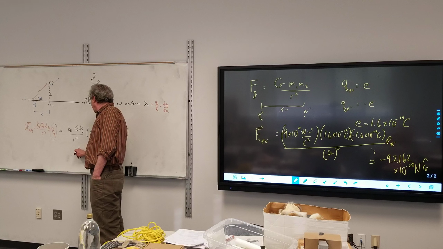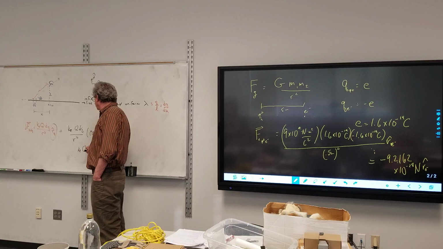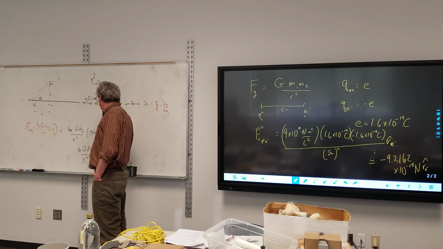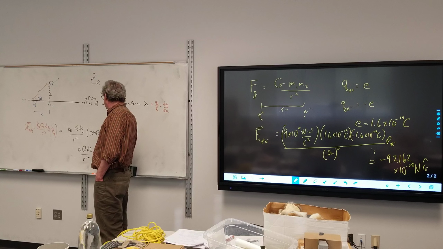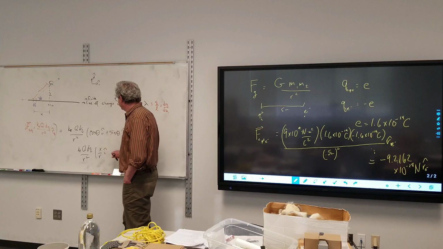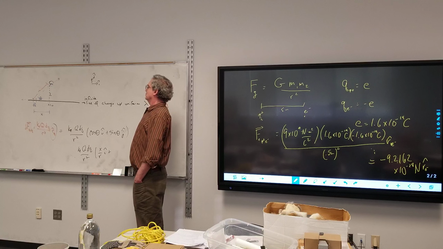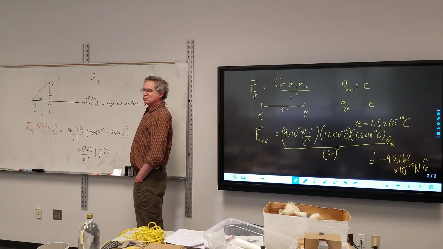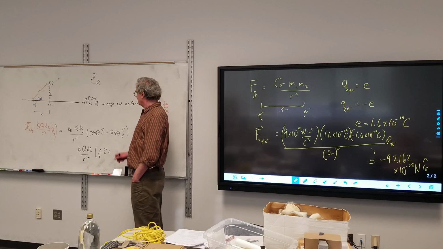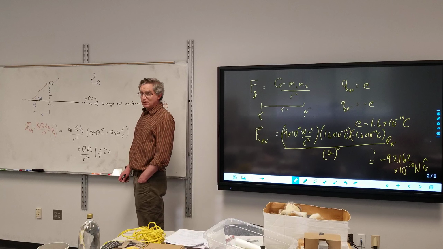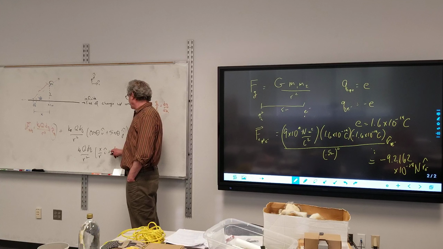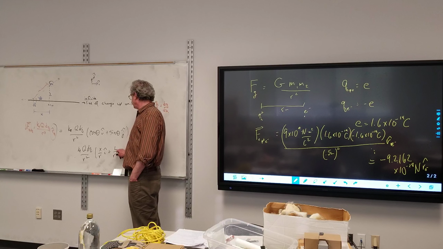So we end up with k_e Q dq over r squared times x over r i hat. And sine of theta? L over r, j hat.